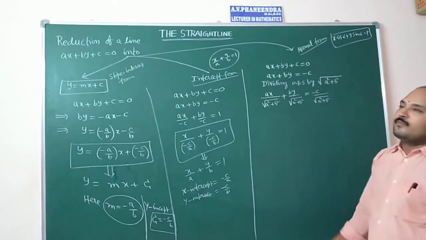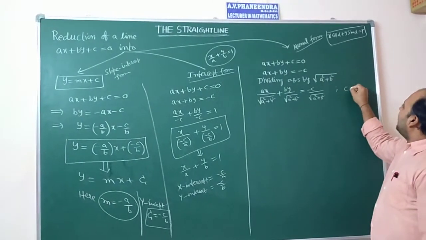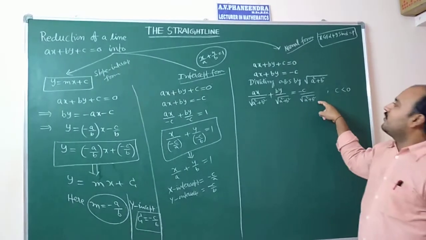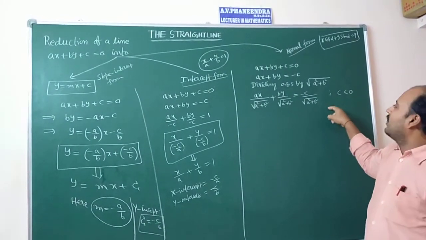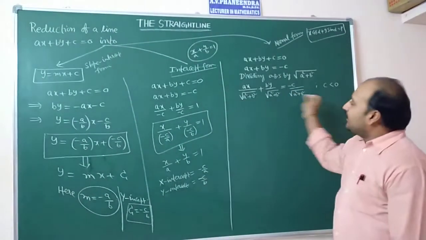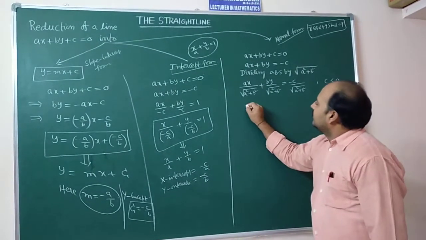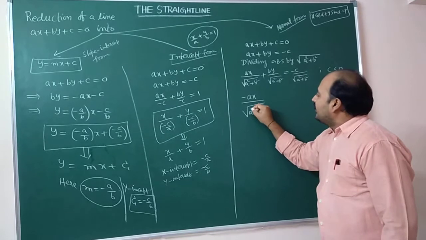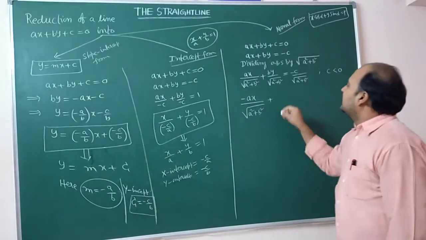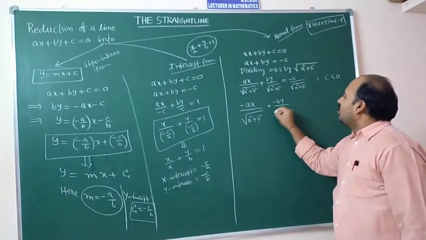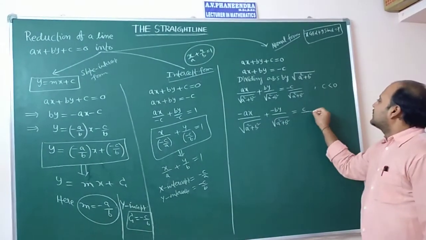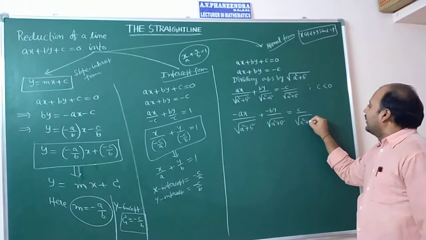After that, if the c value is less than 0, then -c by root of a square plus b square gives one normal form of the line. Otherwise, multiplying throughout by -1, we get -ax by root of a square plus b square plus -by by root of a square plus b square is equal to c by root of a square plus b square.